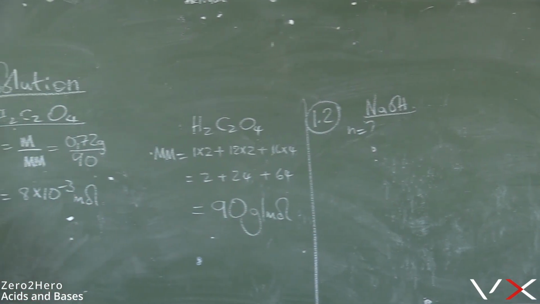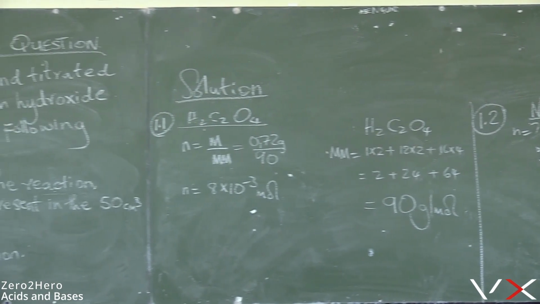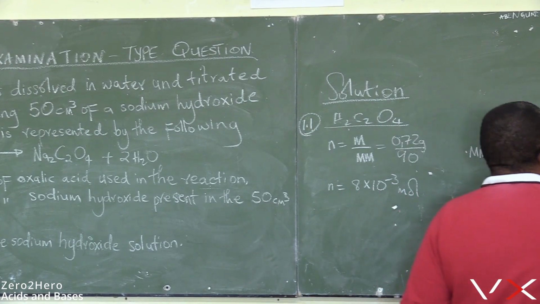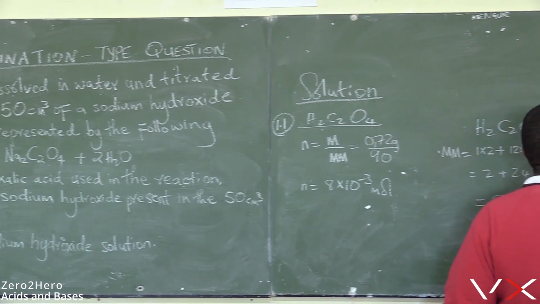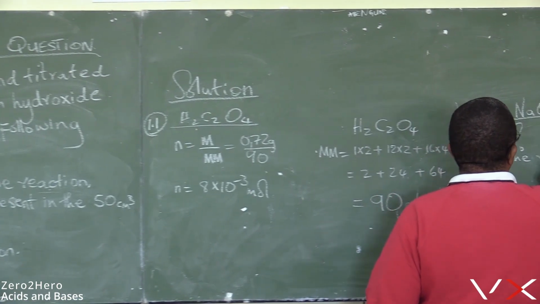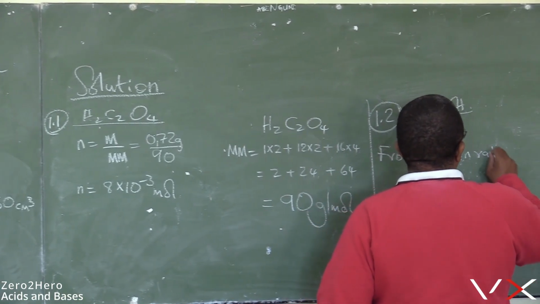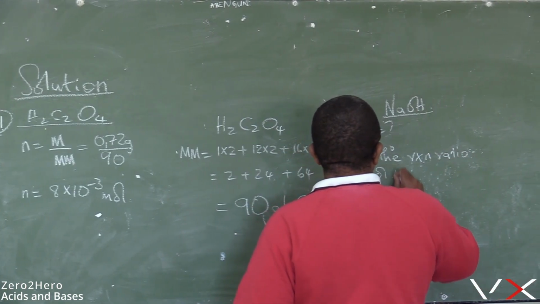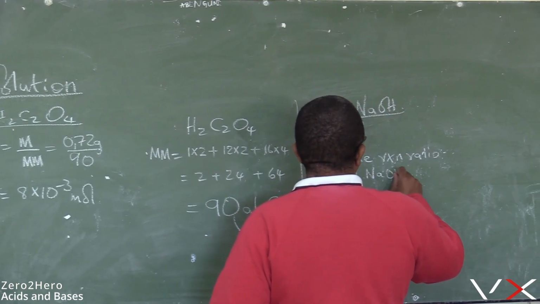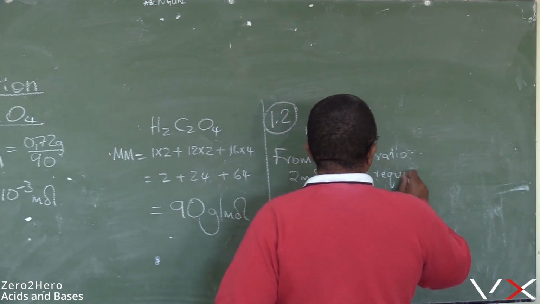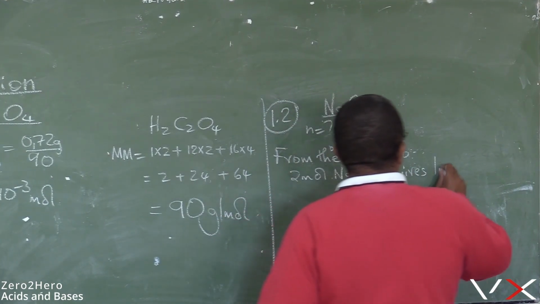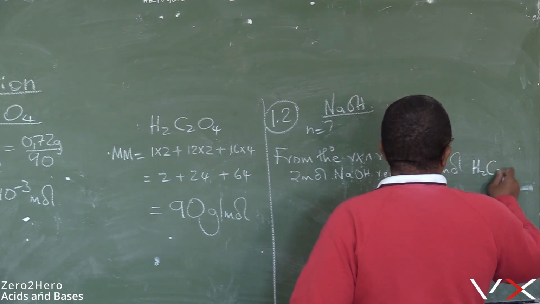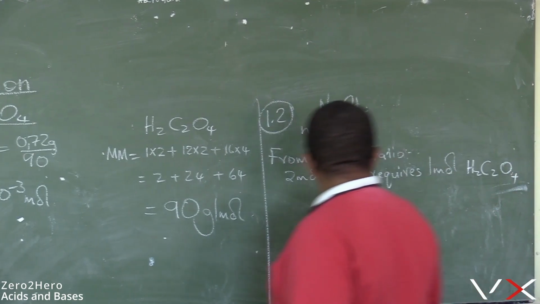Then siya kwi ratio lapha. From the reaction, we can say from the reaction ratio, 2 moles of sodium hydroxide requires 1 mole of oxalic acid.